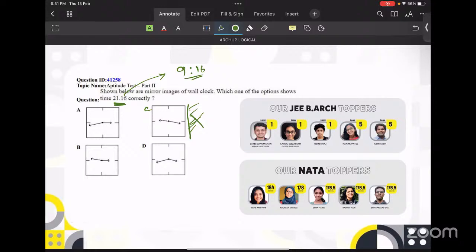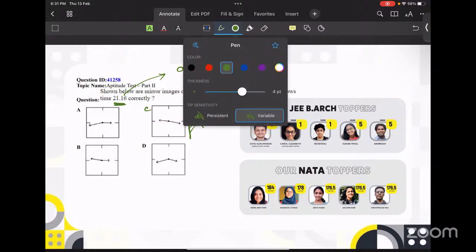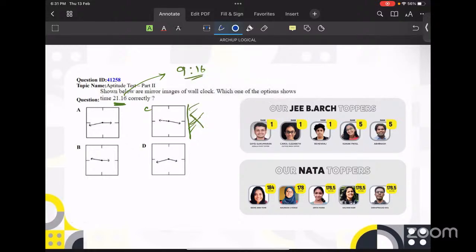You can use the mirror image techniques, or we have another technique. The technique is like this: constant minus real time equals reflected time. What are the constants with us?